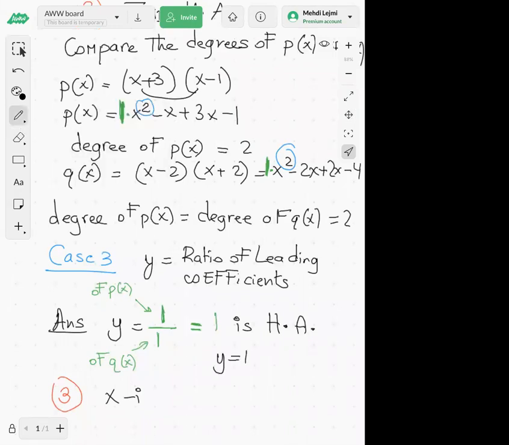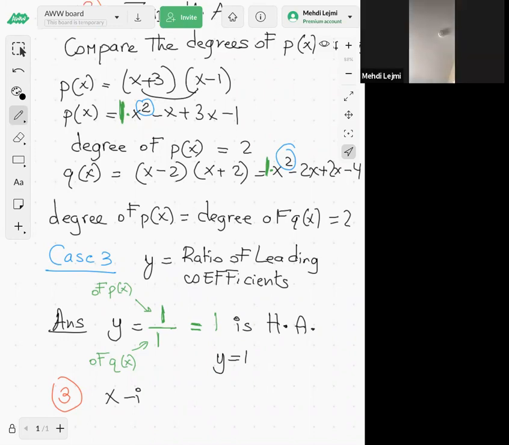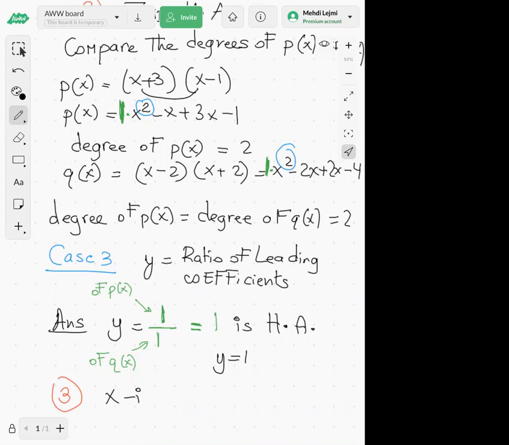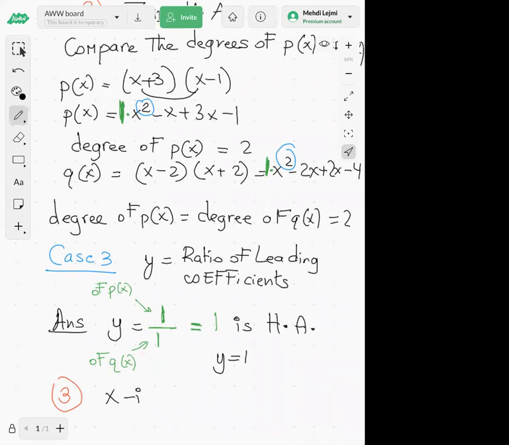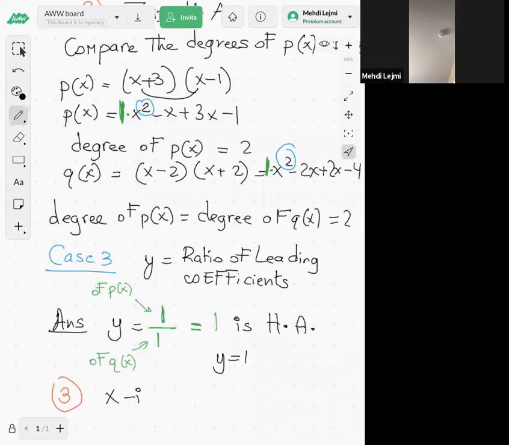Because horizontal asymptotes are horizontal lines, and the form of the equation of a horizontal line is always y equals a number. So if you have a horizontal line, the equation would be y equals some number.